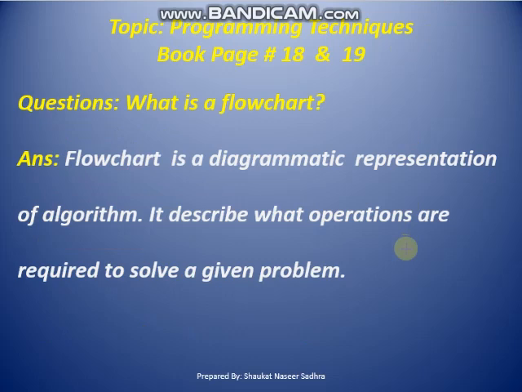Flowchart is a diagrammatic representation of an algorithm. When we represent any algorithm diagrammatically, meaning in the form of pictures, that is called a flowchart. It describes what operations, meaning steps, are required to solve a given problem.